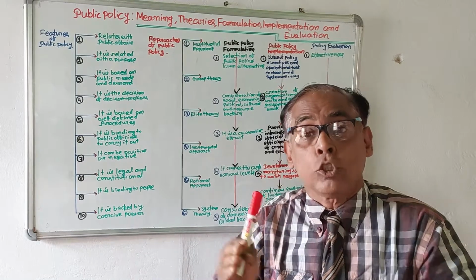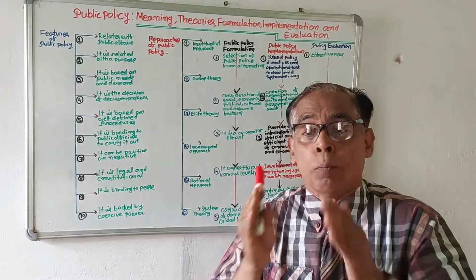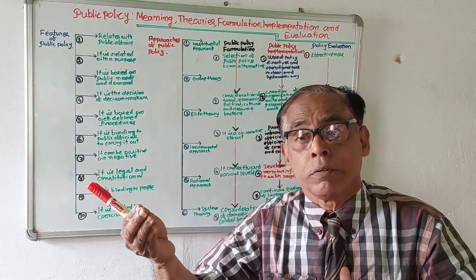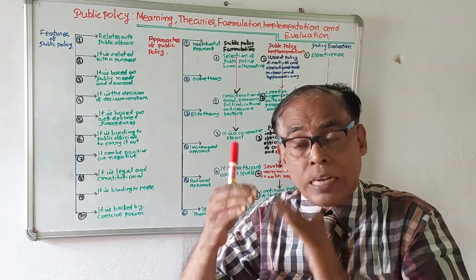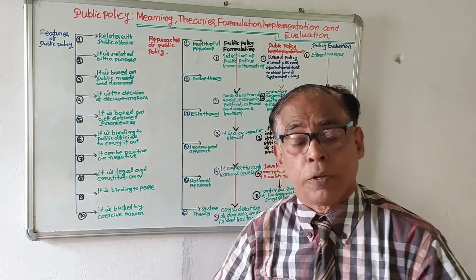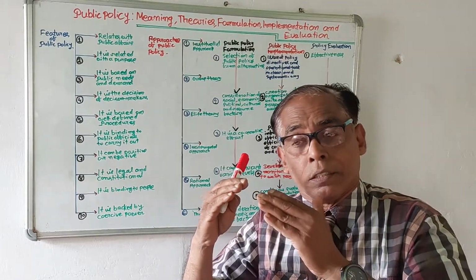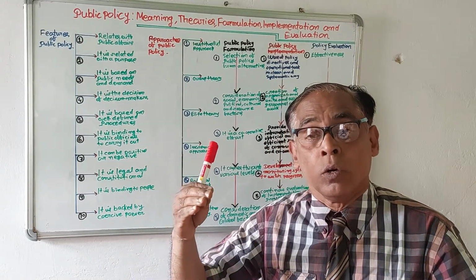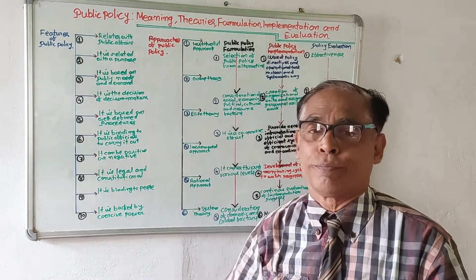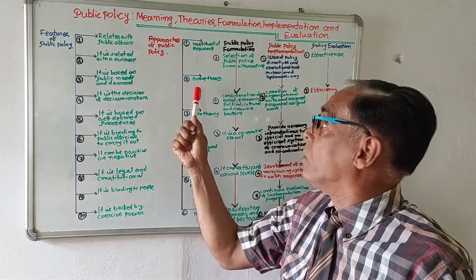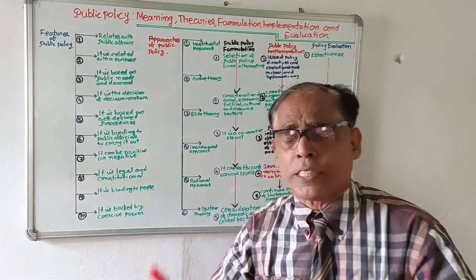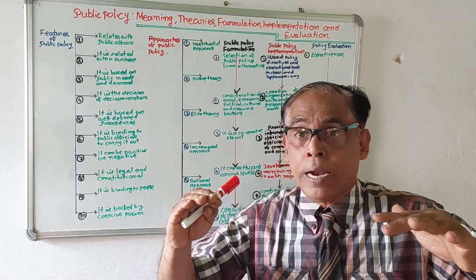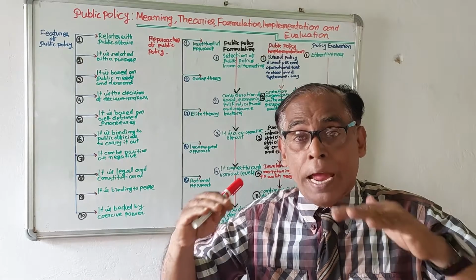The institutional approach says that public policy is prepared by government institutions, and as government institutions are preparing public policy, it is binding on people, and behind it there is binding force.